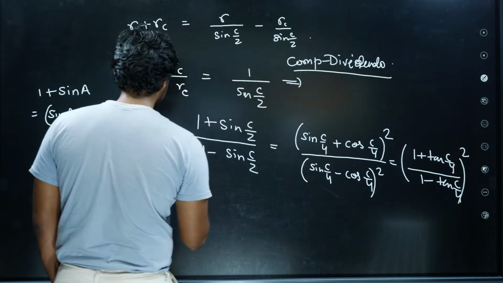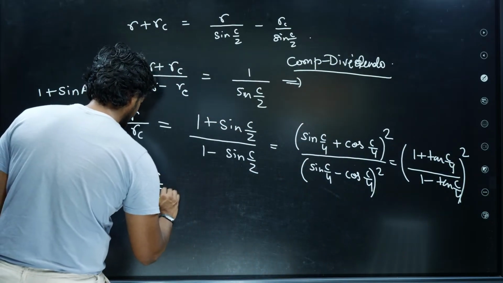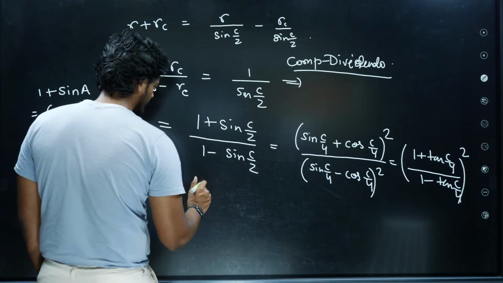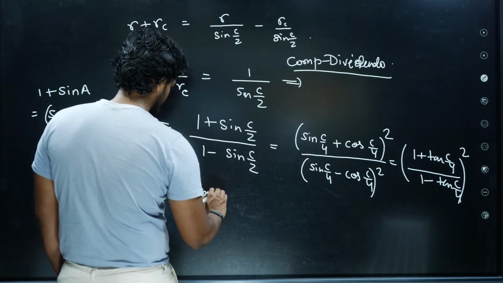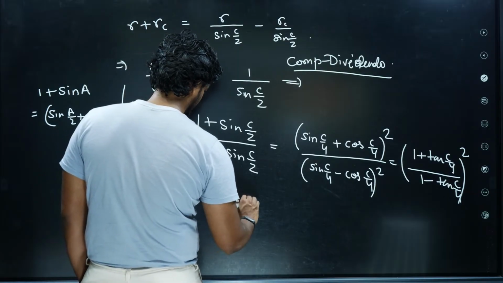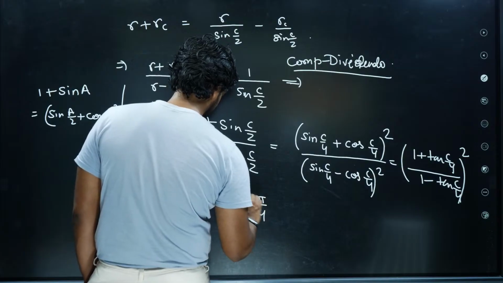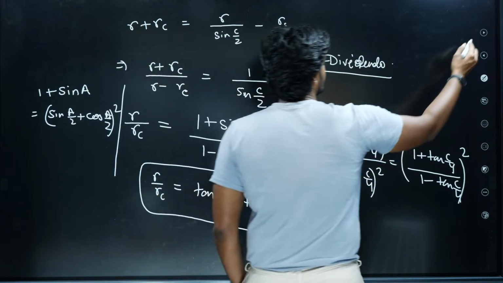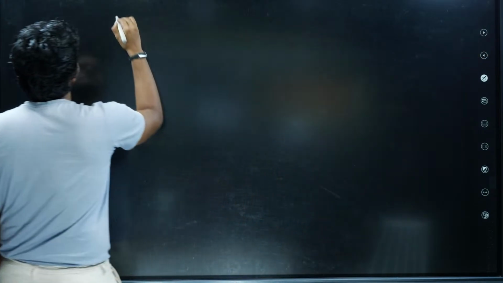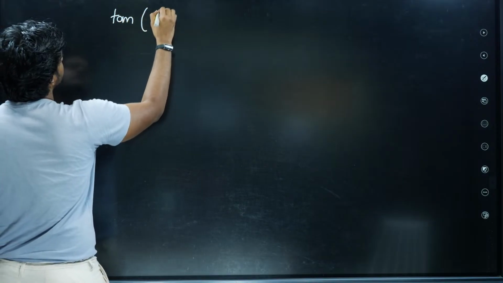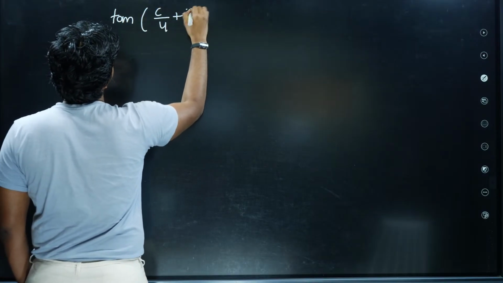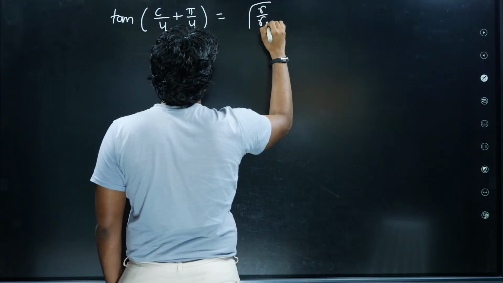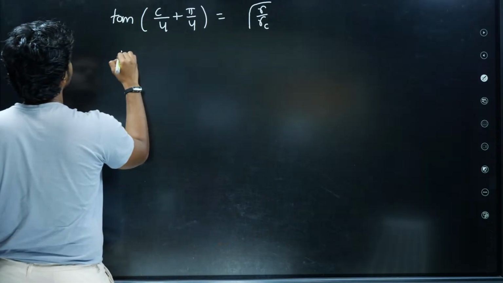So R by RC becomes tan square of C by 4 plus pi by 4. So that implies tan of C by 4 plus pi by 4 is equal to root R by root RC.